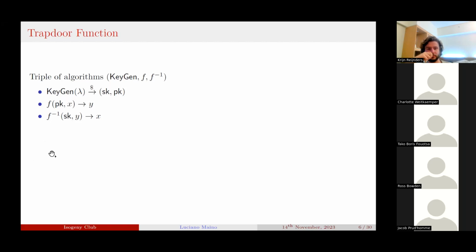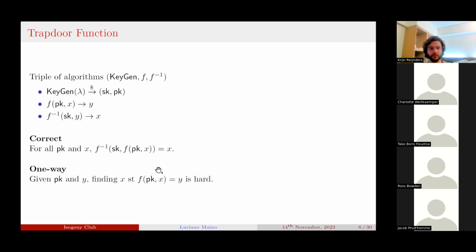And then we can evaluate f⁻¹ at the output of f using the secret key, and this will return x. So of course we need some properties. The first property that we need for our trapdoor function is that it should be correct, which means that for all public keys and inputs x, we have that f⁻¹_sk(f_pk(x)) is equal to x.